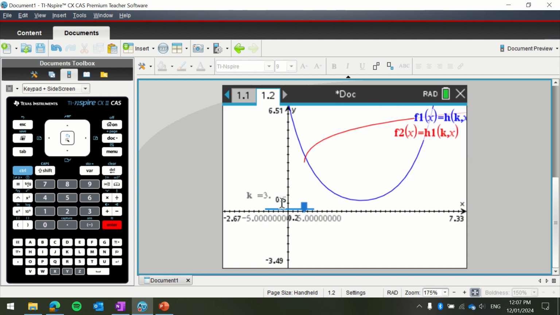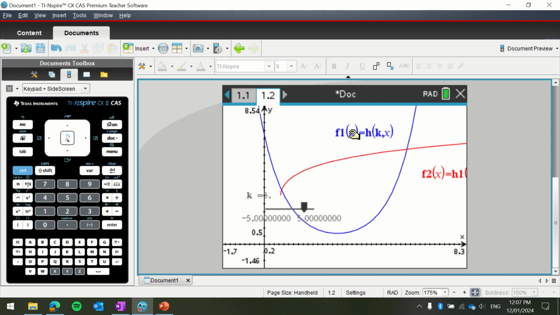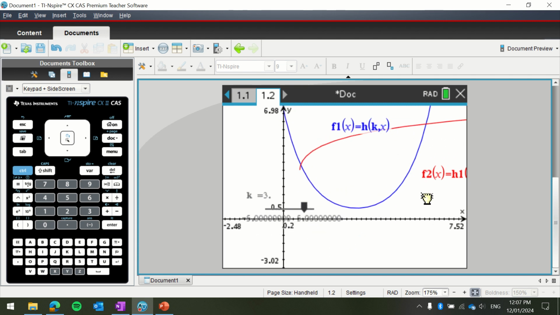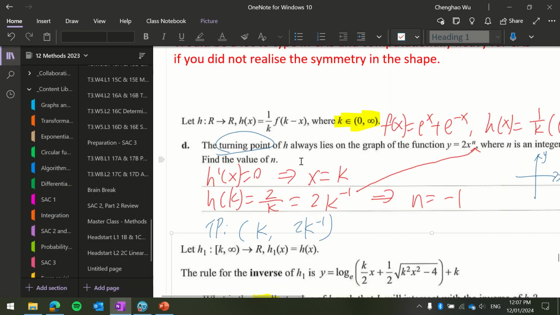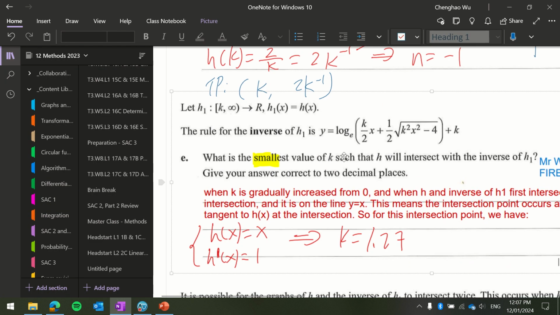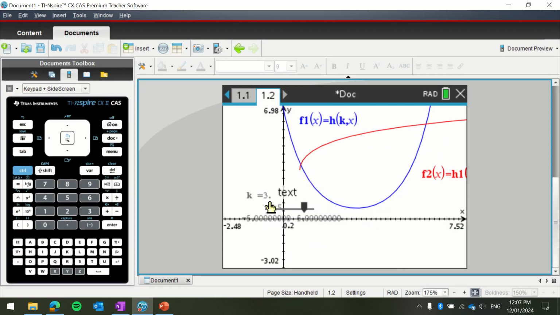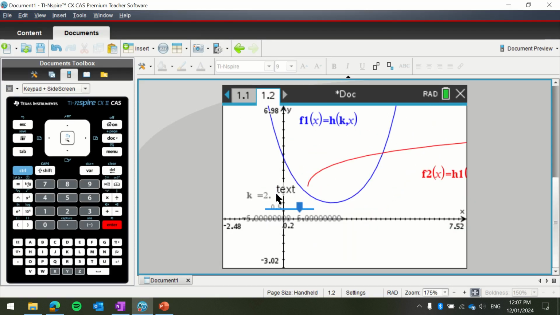Basically, they intersect when k is 3, but that's not what I want. It says I need the smallest value of k. So k equals 3 is not what I want, and 2 is not what I want either.